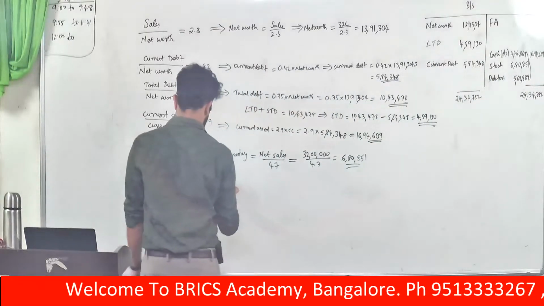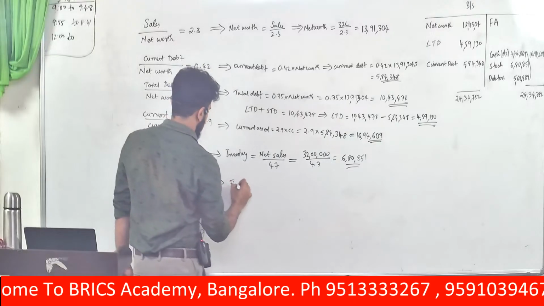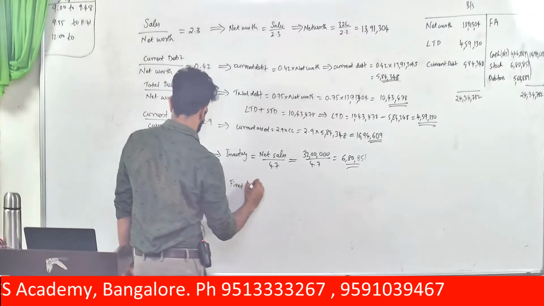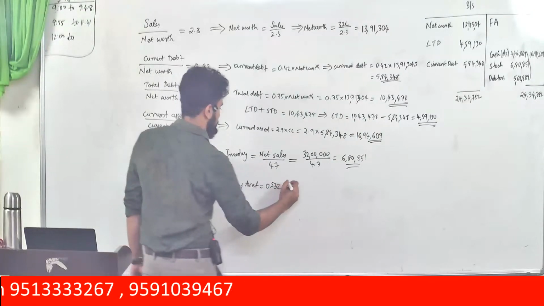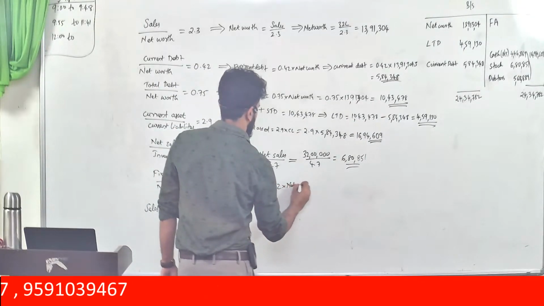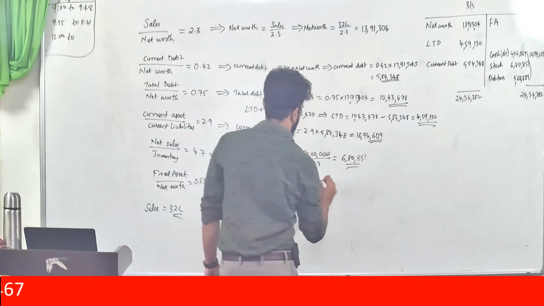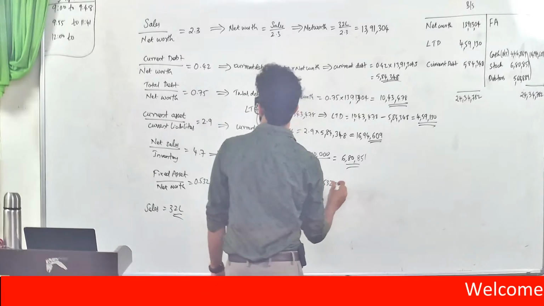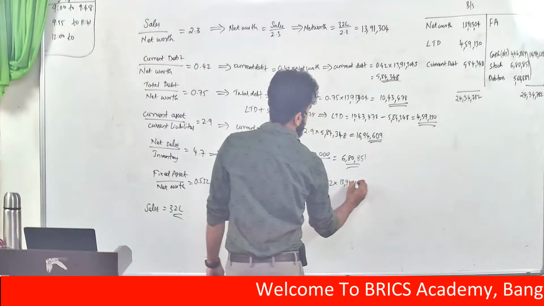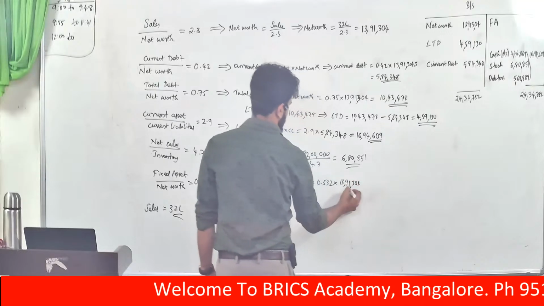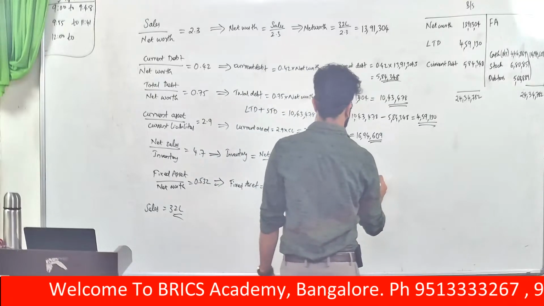You can even use from here fixed asset is equal to 0.532 into what is net worth? 13,91,304.